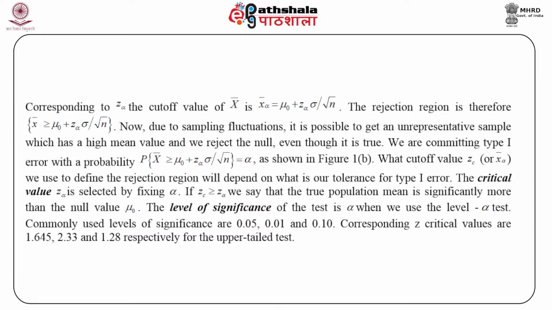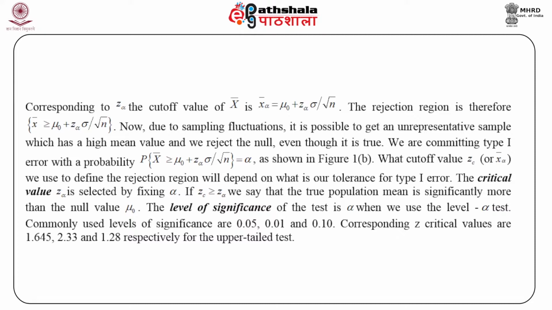So what cutoff value of Zc or x bar alpha we use to define the rejection region will depend on our tolerance for type 1 error. The critical value Z alpha is selected by fixing alpha.